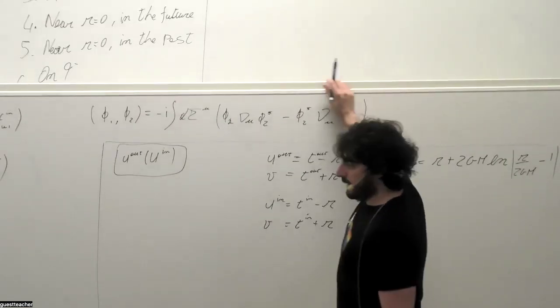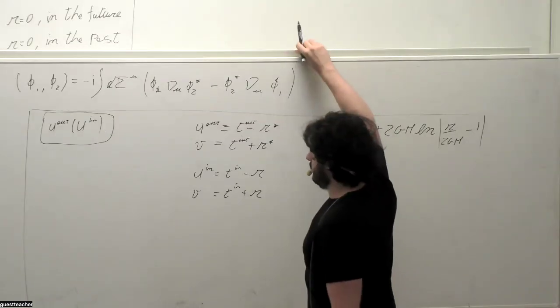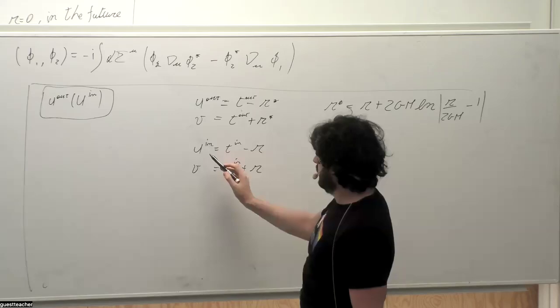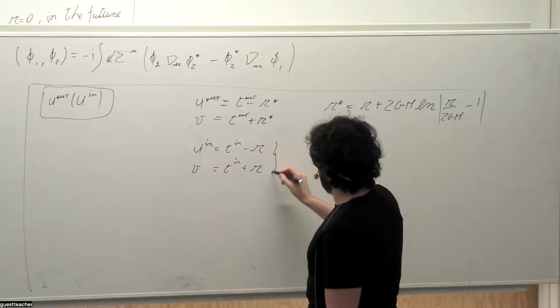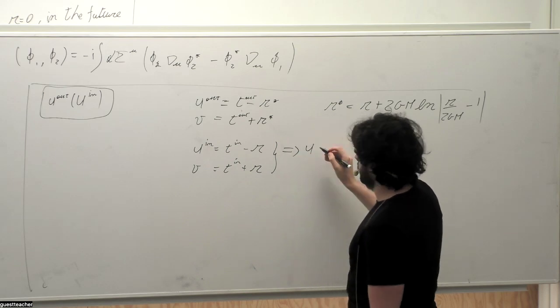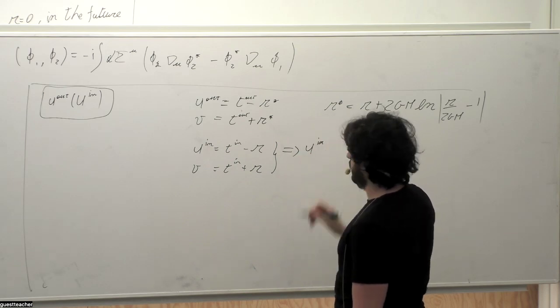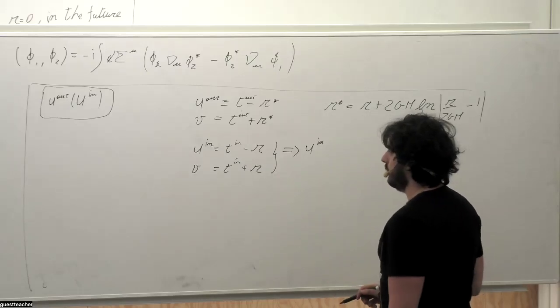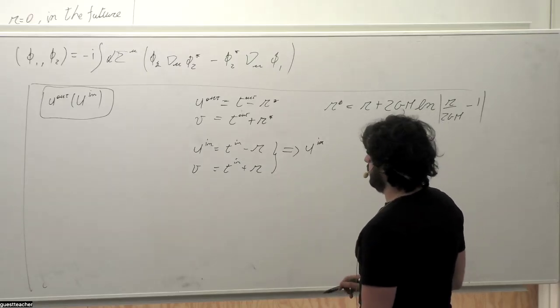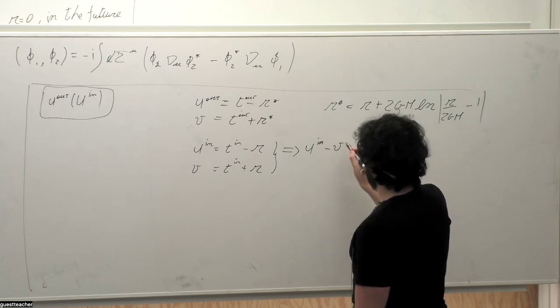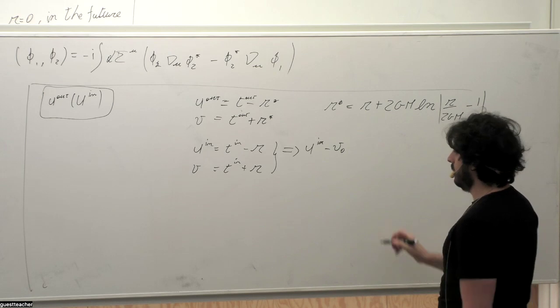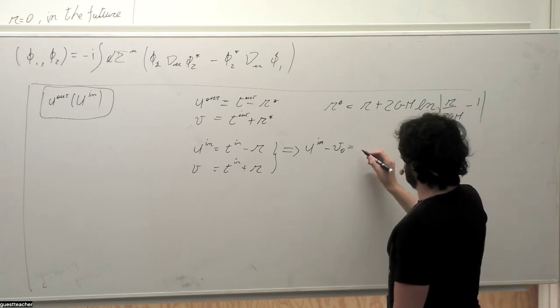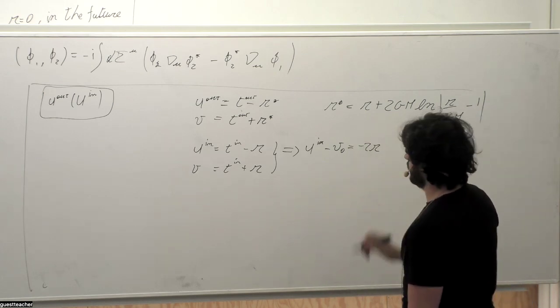So at the shell, if I just do this minus this, I have that u in minus v naught, the value at the shell, is equal to minus 2r.